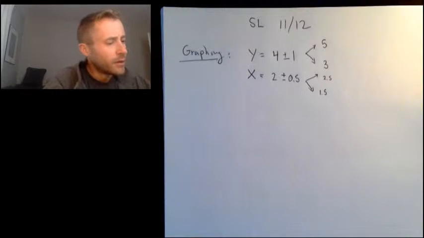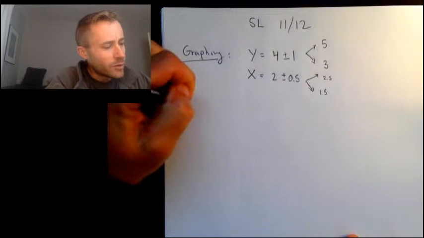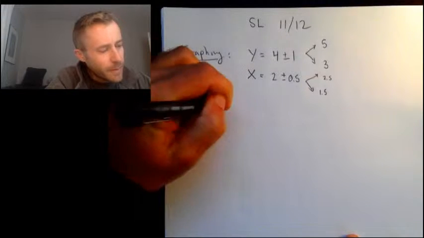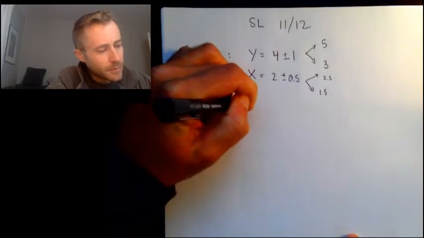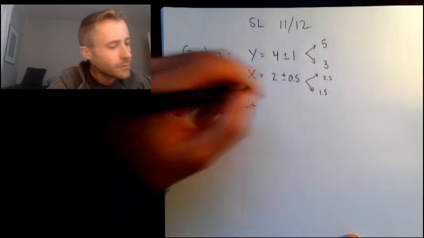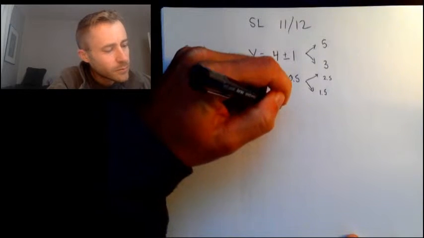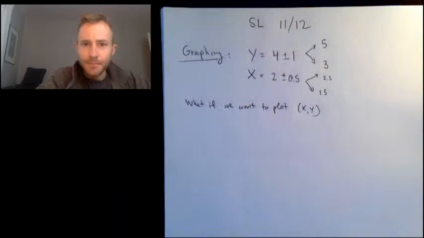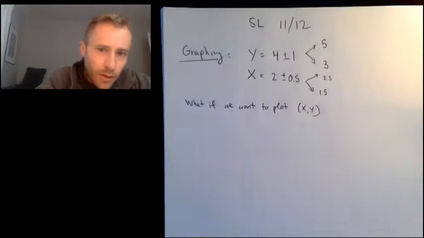So anyways, what if we want to plot x comma y?